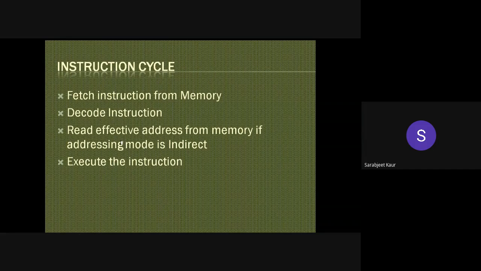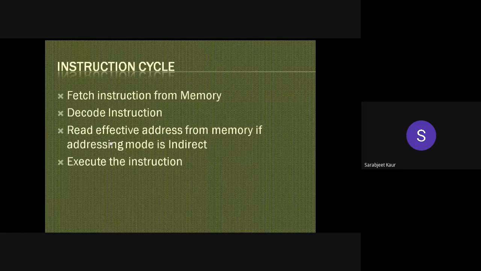And if the addressing mode is indirect, then what do we need to do? We need to get the effective address of the operand. Now, we already know that if the addressing mode is direct, then the effective address of the operand on which the operation is to be performed is already present in the address part of the instruction.